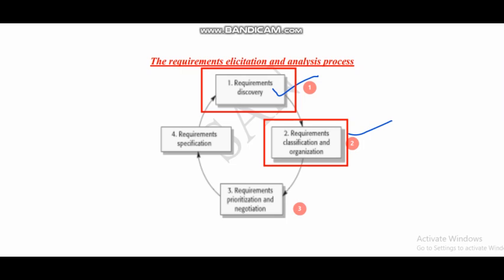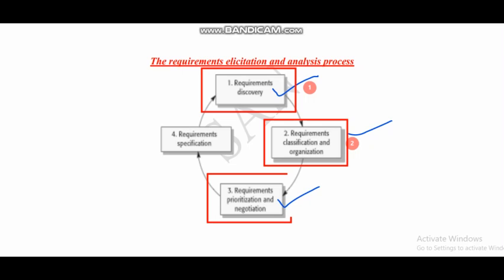Now the third phase is about requirement prioritization and negotiation. So in this phase you are going to finalize, so what exactly are you going to finalize? Here you are going to prioritize.